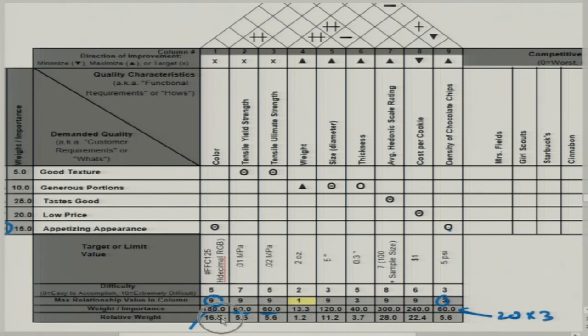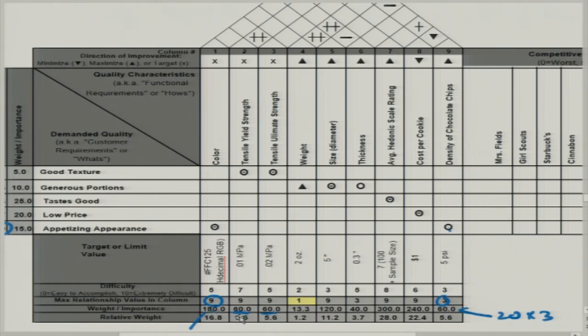Now, this is a relative weight. We have normalized all these values with 100, so in a way we have taken percentage rating. We have summed up all these values in absolute rating, and 16.8 is 180 by the sum of the second last row.